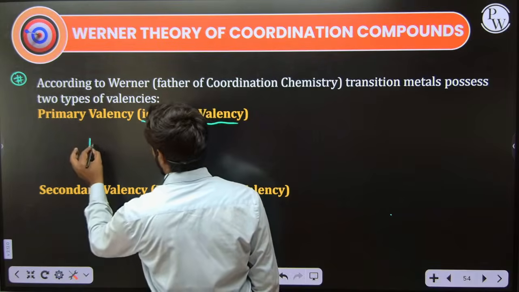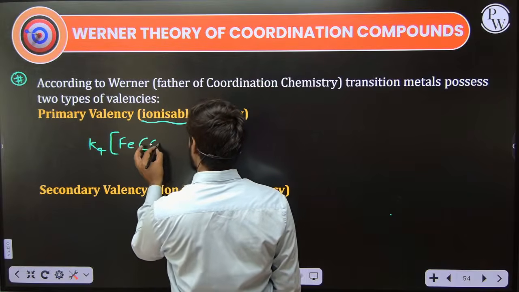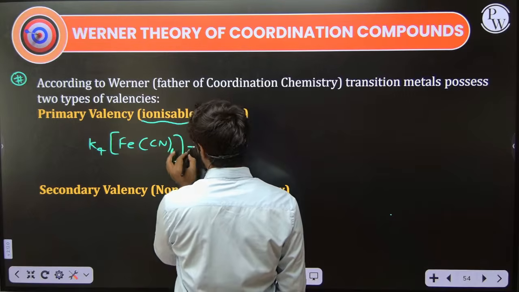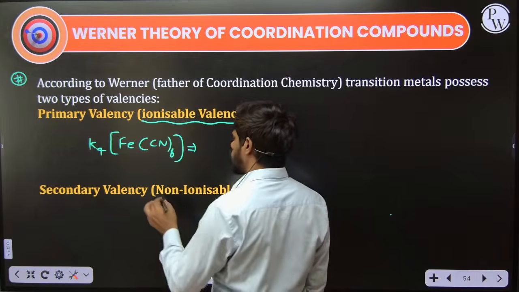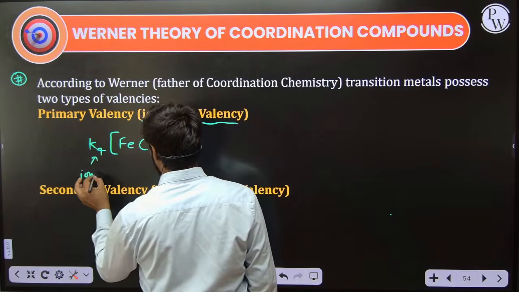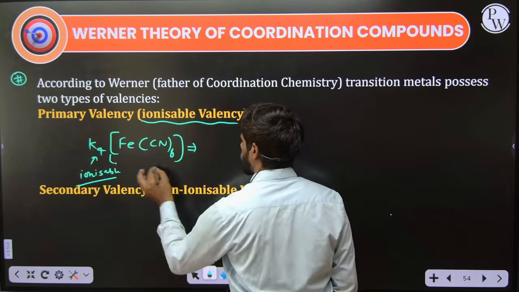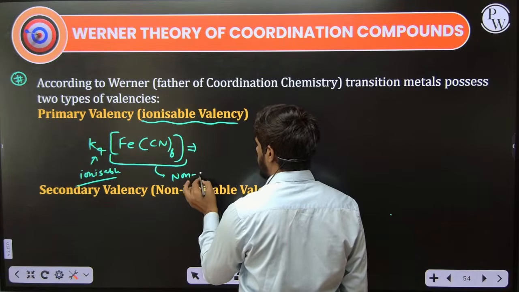For example, K4[Fe(CN)6]. In this, the ionizable ion is always written outside the square bracket. This is known as ionizable, and the term inside the square bracket is known as non-ionizable.